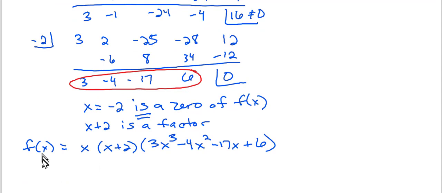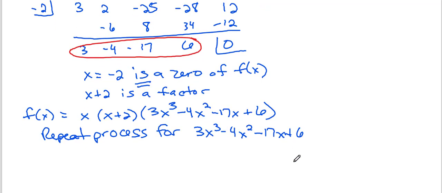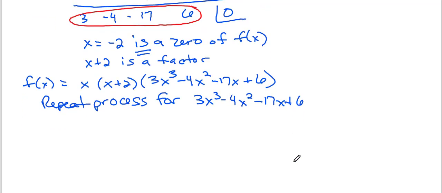Okay, now we need to repeat the process for 3x cubed minus 4x squared minus 17x plus 6. The good news is that doing this will potentially narrow down your list of possible rational zeros. It definitely will not add to it, because if it didn't work in the original, it can't work now.